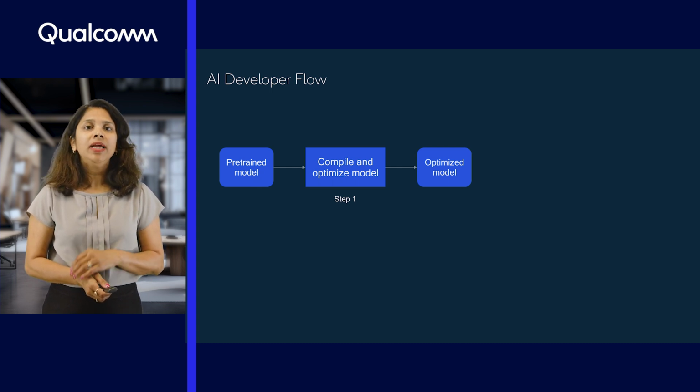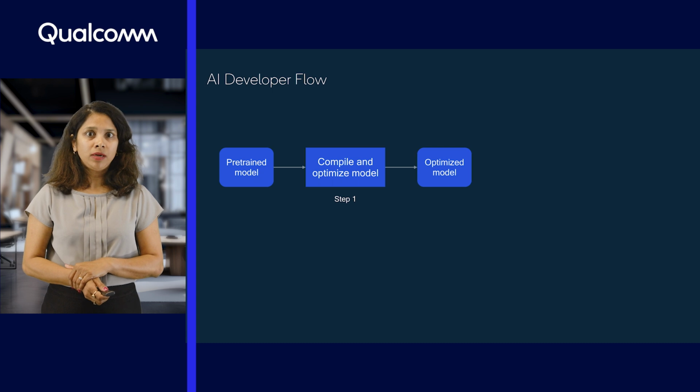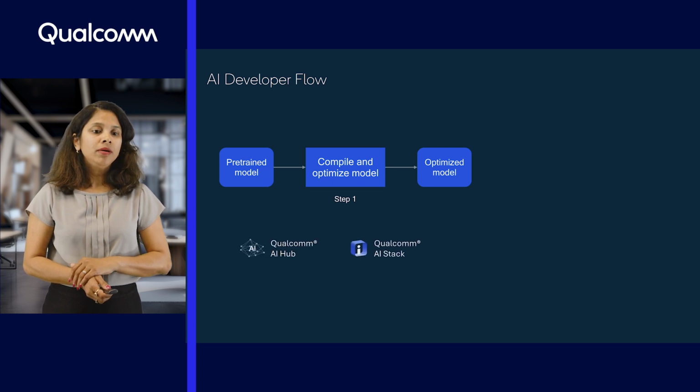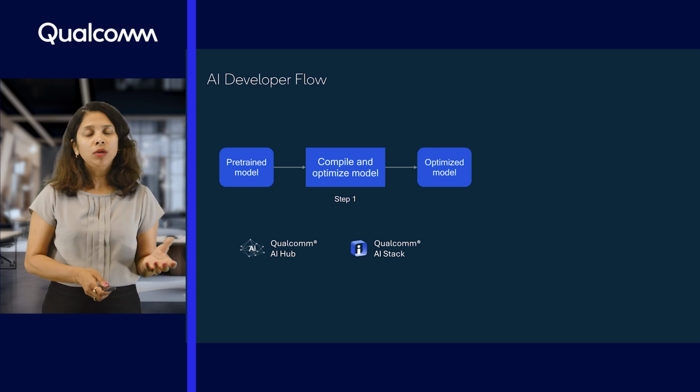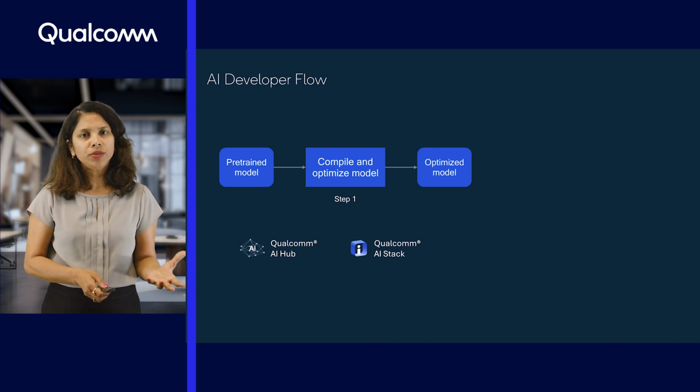For that, we have two different software stacks that are available to you. First one, Qualcomm AI Hub. Qualcomm AI Hub, as we mentioned, already has a set of hundreds of pre-trained models that you can pick and choose from. Once you are happy with the pre-trained model, or if you want to bring your own model, you can do the same too.